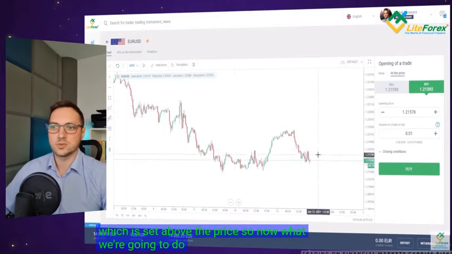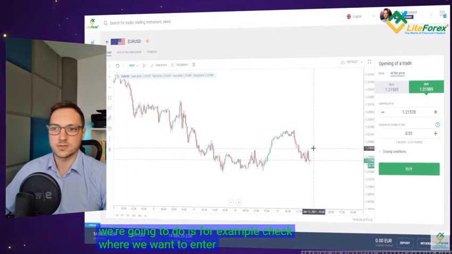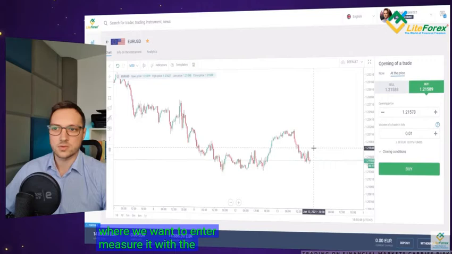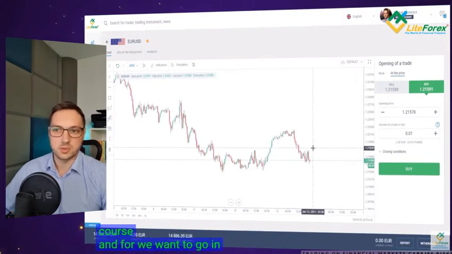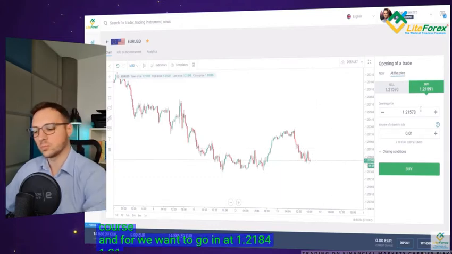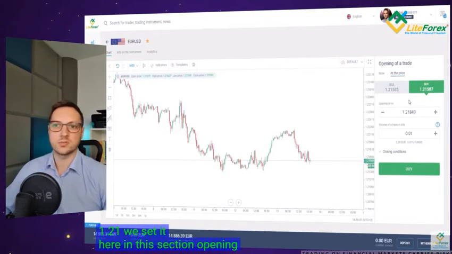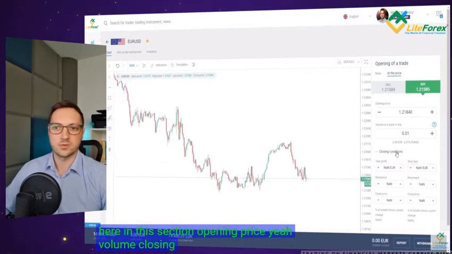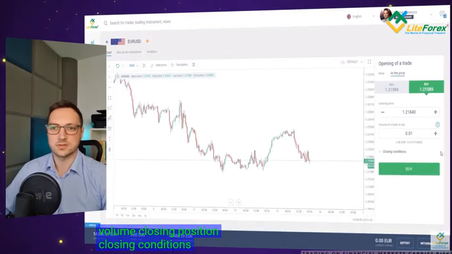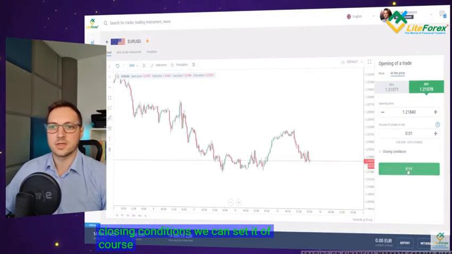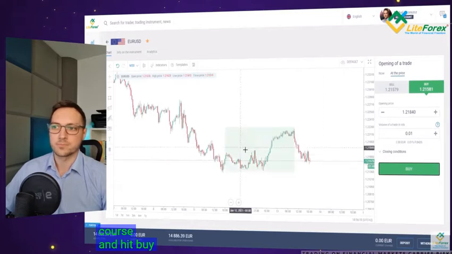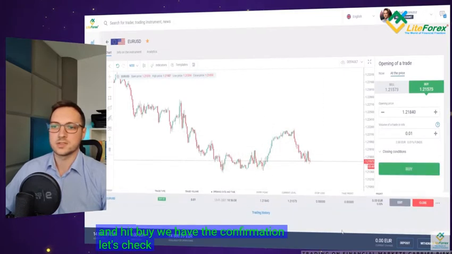So now we check where we want to enter, measuring it with our mouse, of course, and we want to go in at 1.2184. We set it here in the section opening price. Volume and closing conditions we can set, of course, and hit buy. We have the confirmation. Let's check here that our trade has been placed.